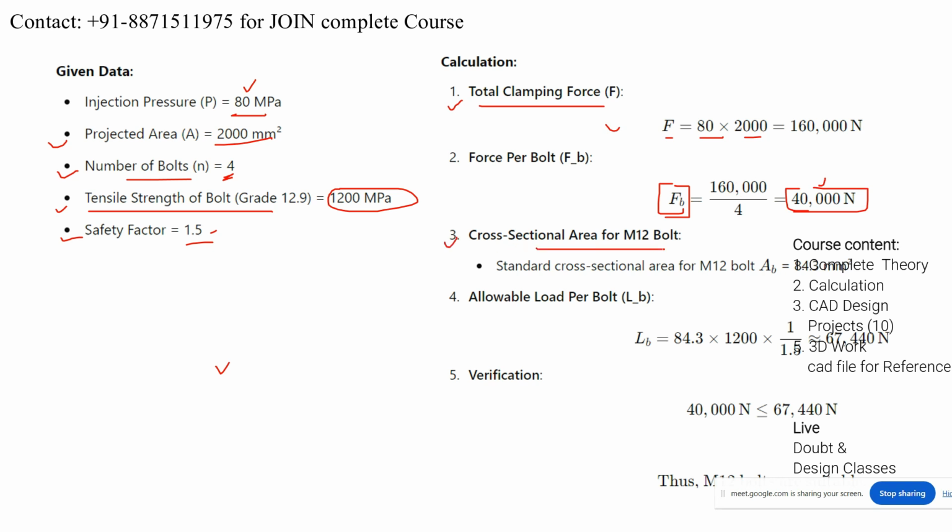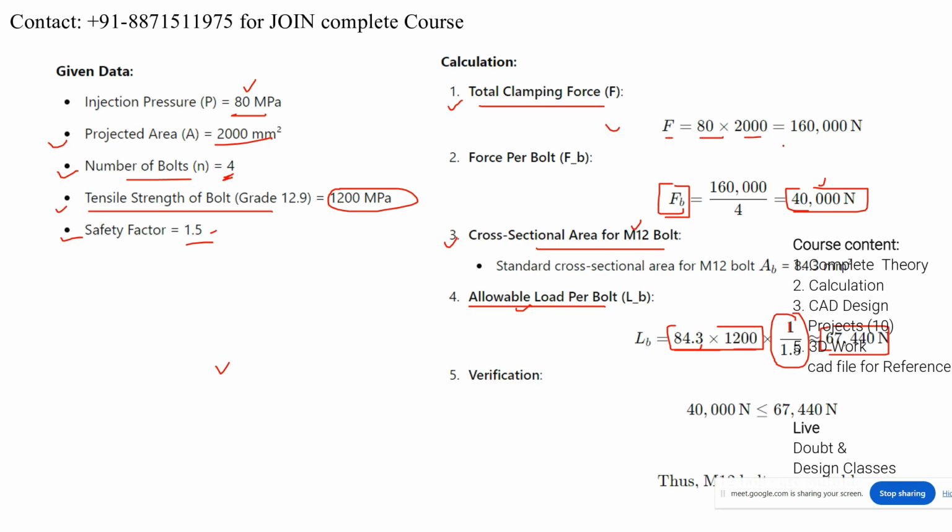Again, the cross section of M12. The allowable load will be 102, but you are taking the factor of safety also, that's why I am dividing by 1.5. So by adding the factor of safety you will get 67 kilonewton.